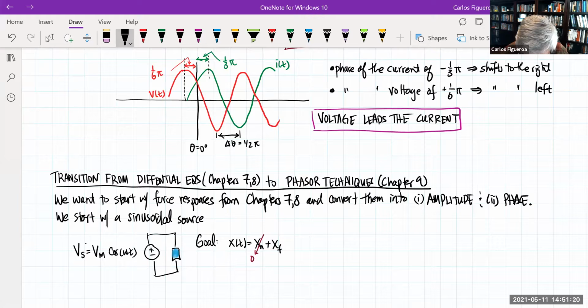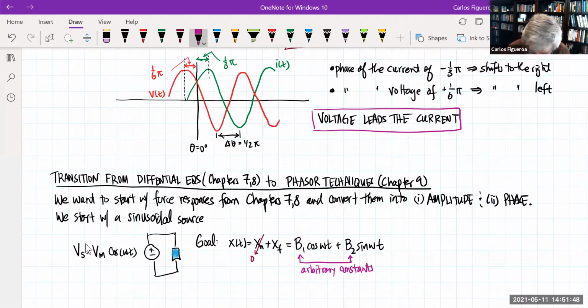Then we're going to rewrite this where I need a linear combination of sine and cosine. So I can have two arbitrary constants.